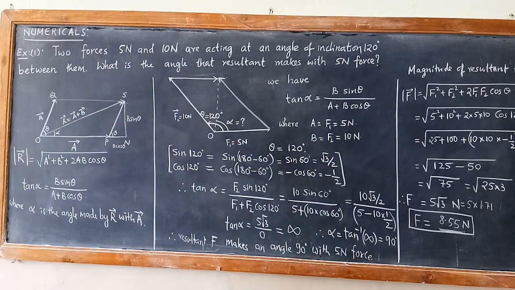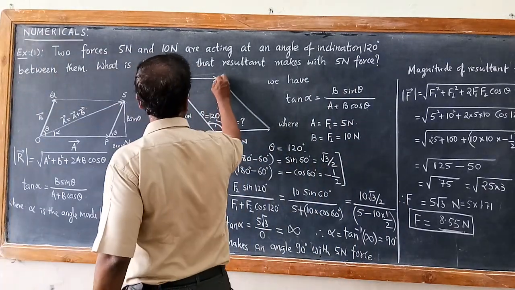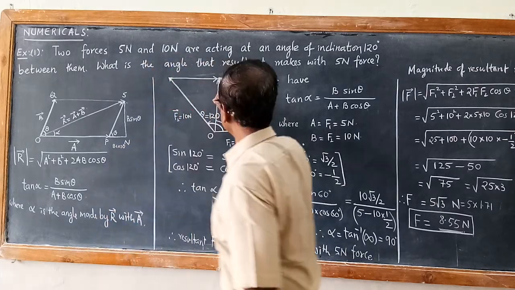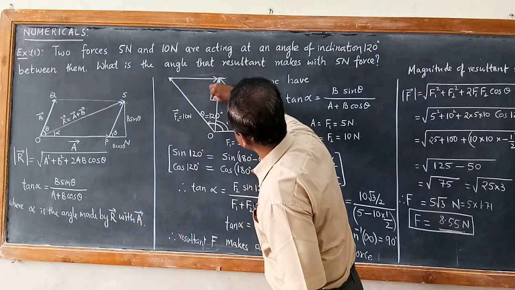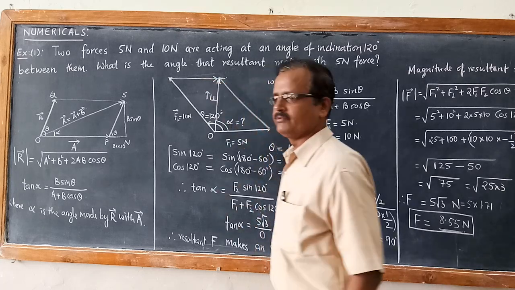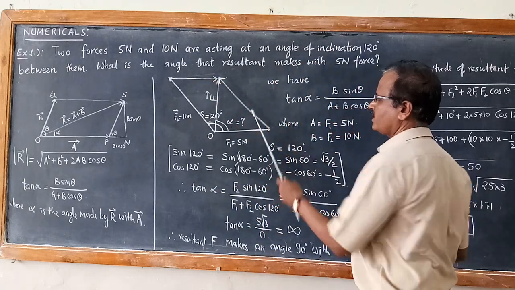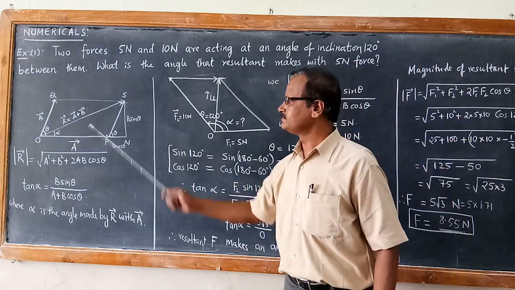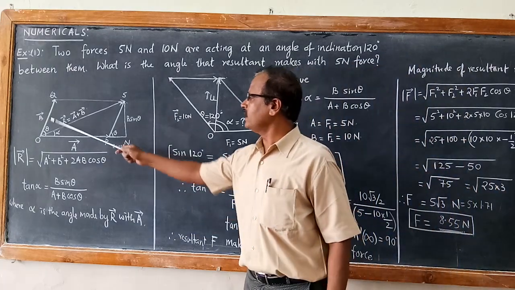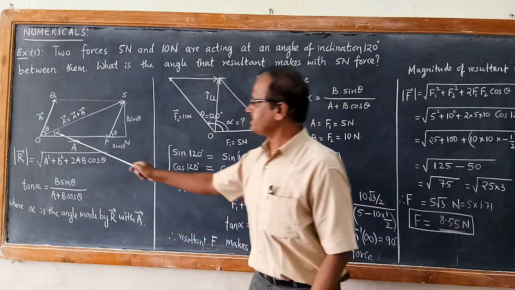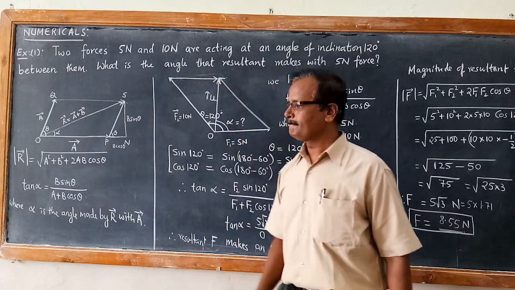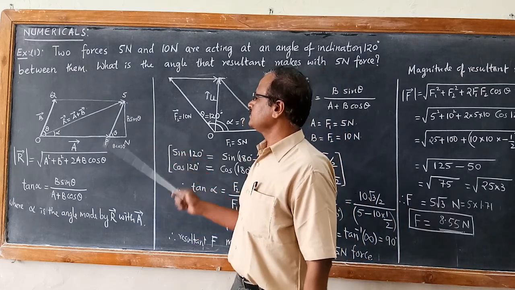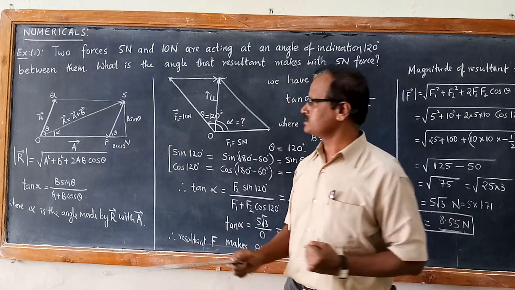So we are asked to find the angle subtended by this resultant vector, let us call it F, with the 5 Newton force. Let us see what we learned yesterday. If A and B are two vectors subtending an angle theta between them, then we constructed a parallelogram using the parallelogram law of vectors.